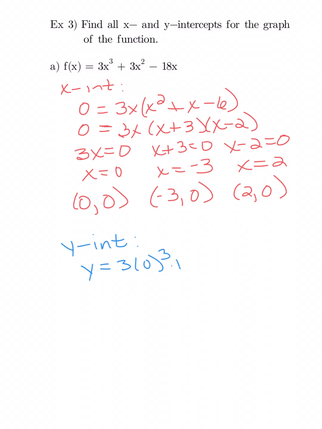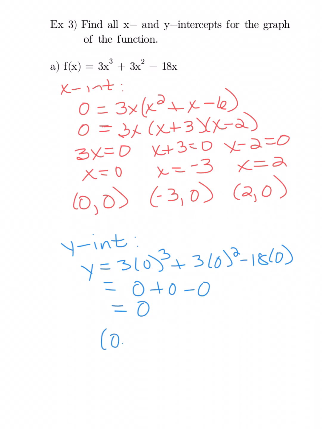Second term, we would have plus 3 times 0 squared. And then last term, we would have minus 18 times 0. Well, that just gives us 0 plus 0 minus 0, which equals 0. So our y-intercept always has an x value of 0, and in this case, our y value was also 0.